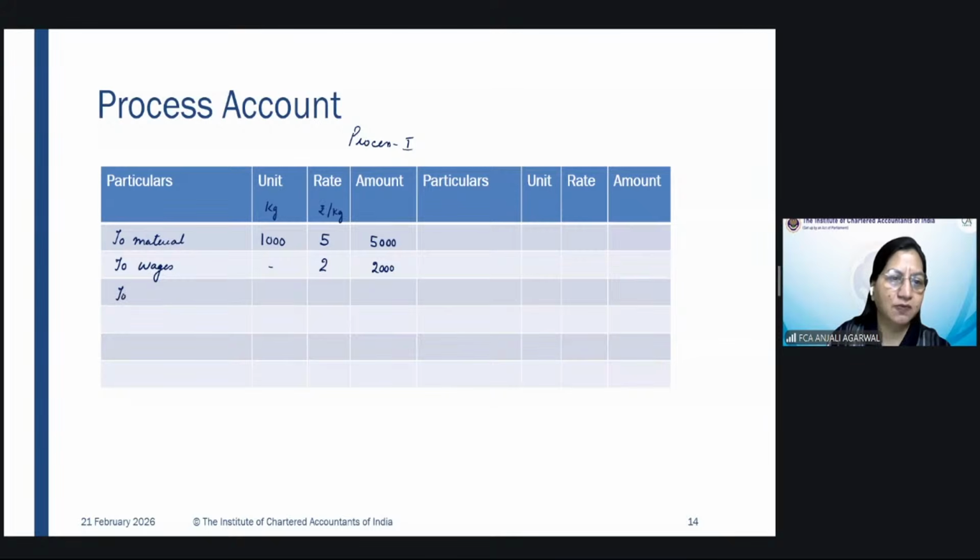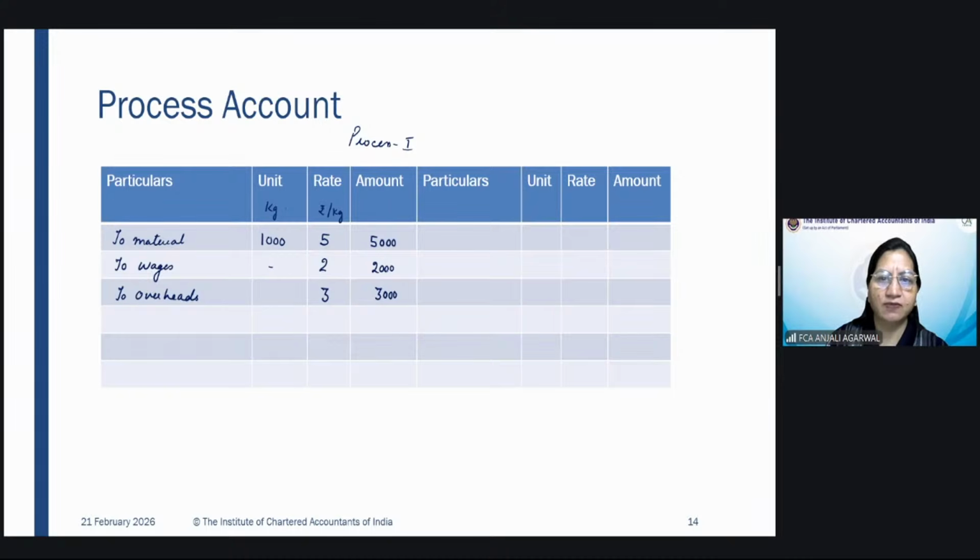Then you incur some overheads. Another 3000. So 3000 is incurred on these 1000 kgs. So 3 rupee per kg. So this is your simple process account. Now, if there are no indirect overheads which are to be allocated, it will become simple.